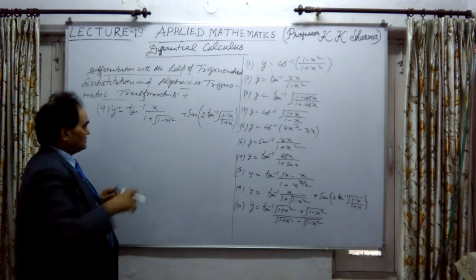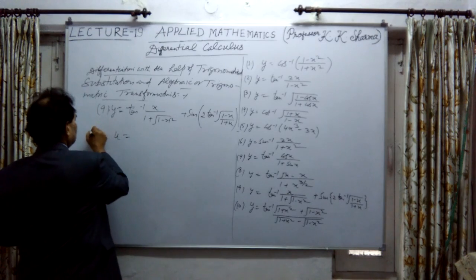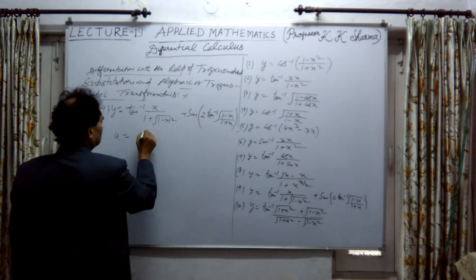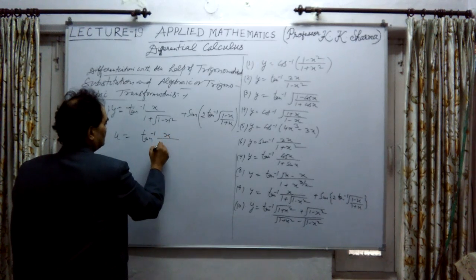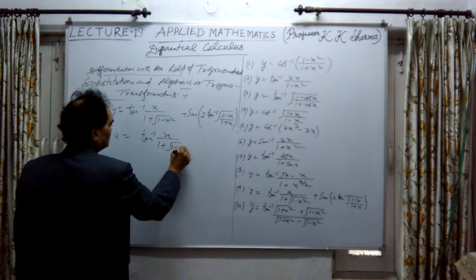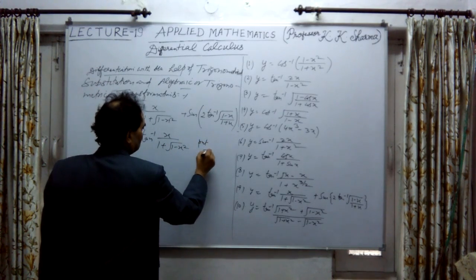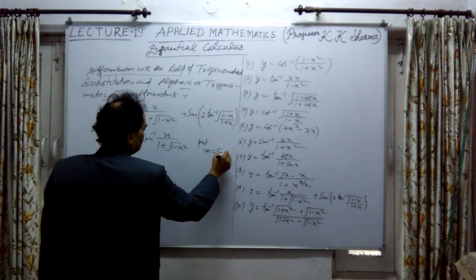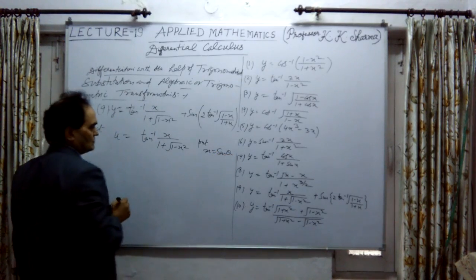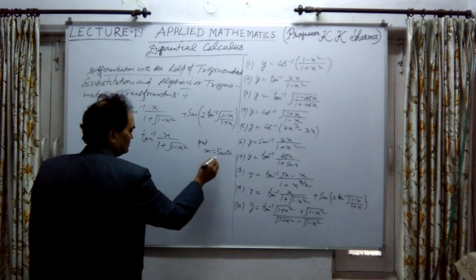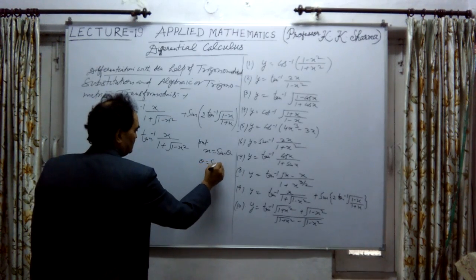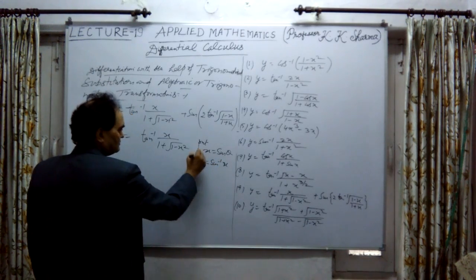Let me take u first. That will be equal to this whole function tan inverse x upon 1 plus under root 1 minus x square. Okay. Now in this substitute, or put x equal to sin theta, so x equal to sin theta or theta equal to sin inverse x we will get later.